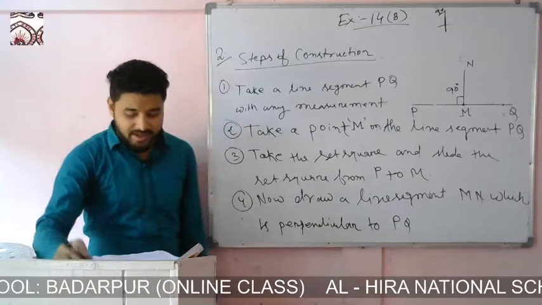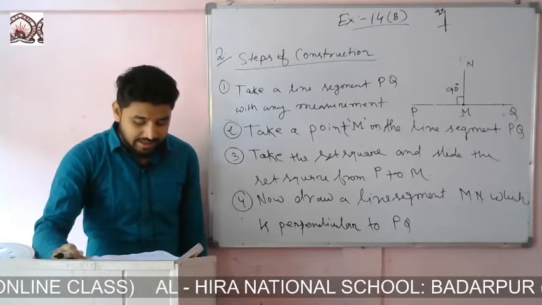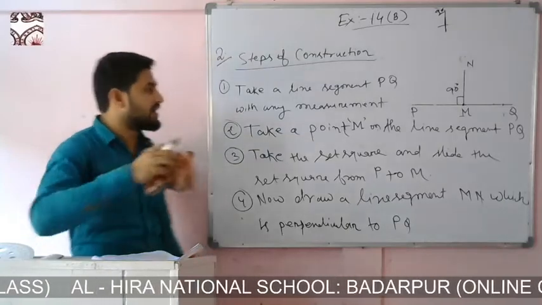Now the next step, check by using a protractor whether PMN equals to 90 degree. That means we have checked.